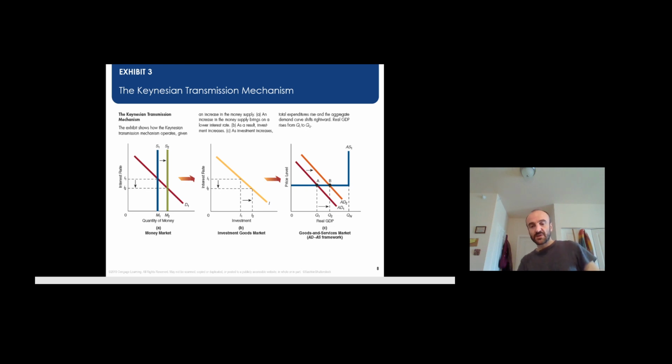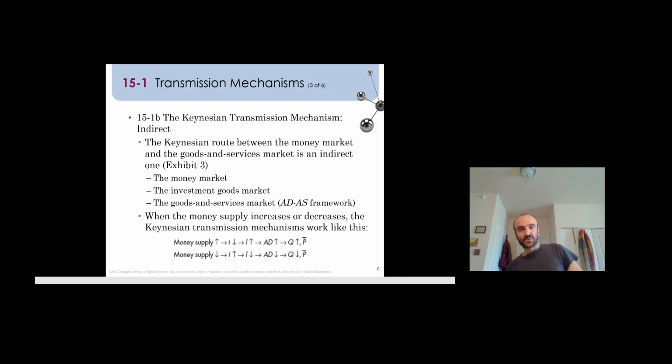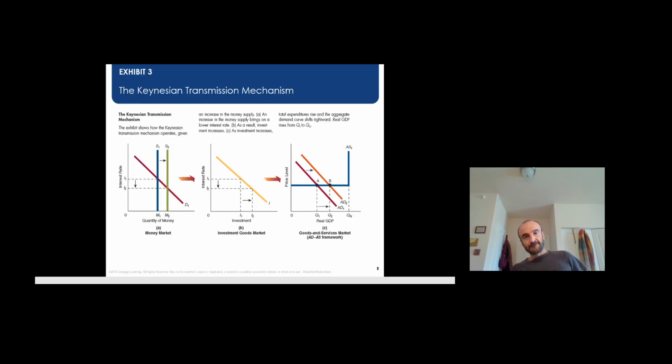Okay, so what is the first step? The first step is this beginning of the sequence that you see on the last page. Money supply increases, the interest rate goes down. So you see that as an operation of the money market, which is the first diagram on your left-hand side here.